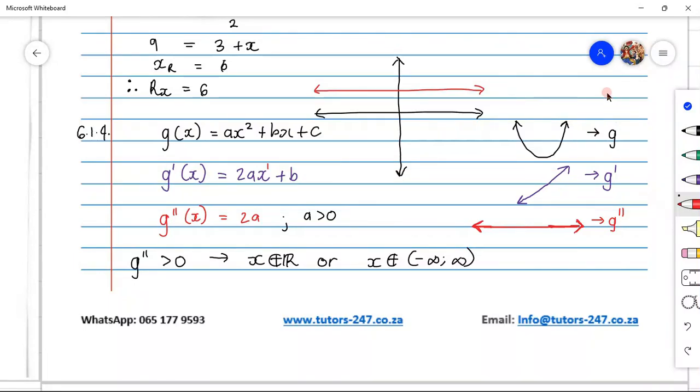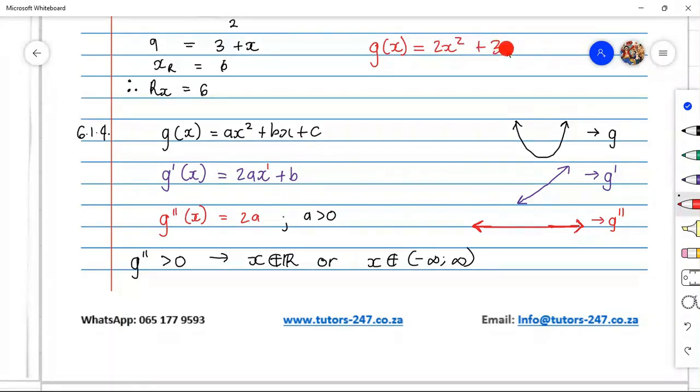So for example, let's give g of x a random function value. Let's just create our own function of g of x. So if we make g of x, let's say 2x squared plus 3x plus 4, and we were to derive this, this will give us g prime of x equals 4x plus 3.